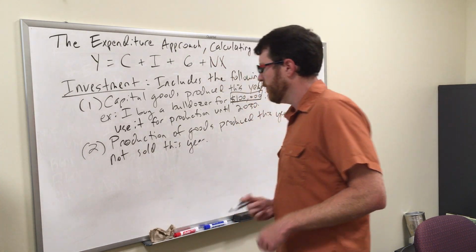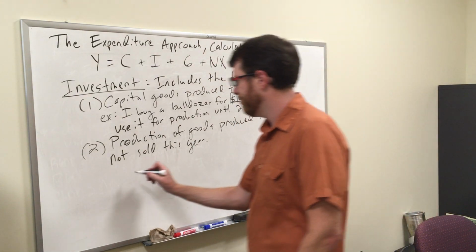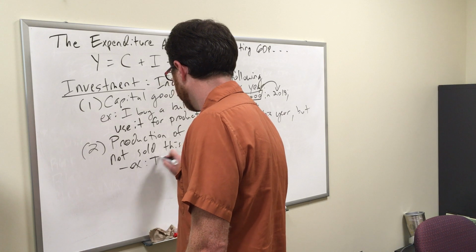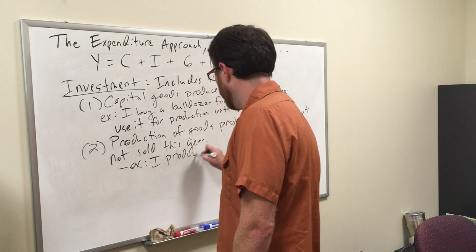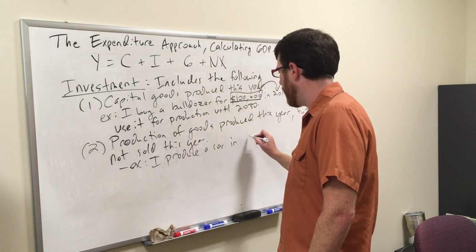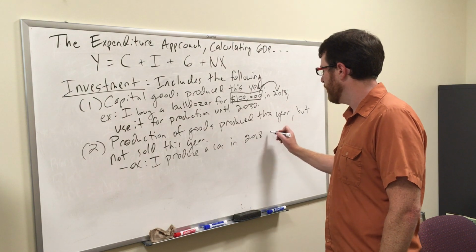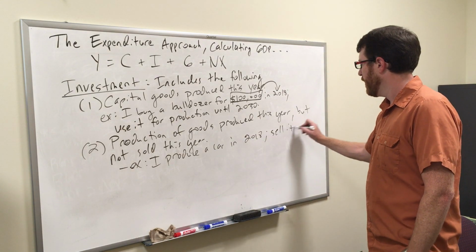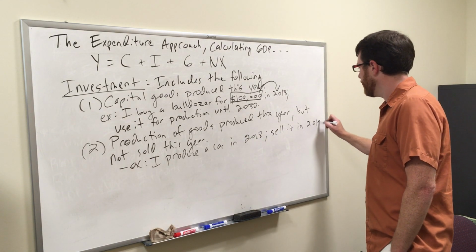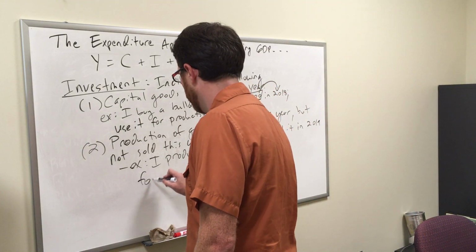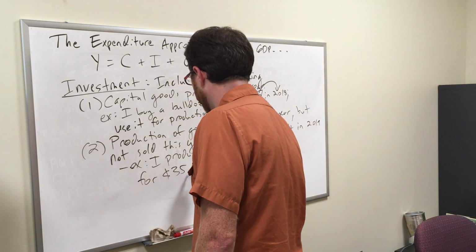So for example, let's say that I produce a car, a brand new car, in 2018, and then I sell it in 2019 for $35,000.